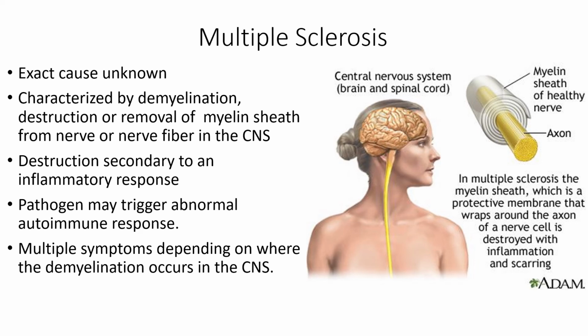People come in with multiple symptoms. That's why we call it multiple sclerosis, because of all the varied symptoms that somebody could present with initially, and that makes it very hard to diagnose when they initially present.